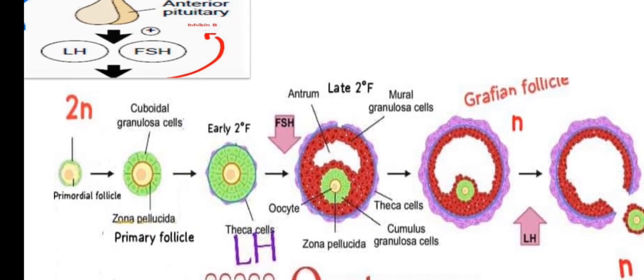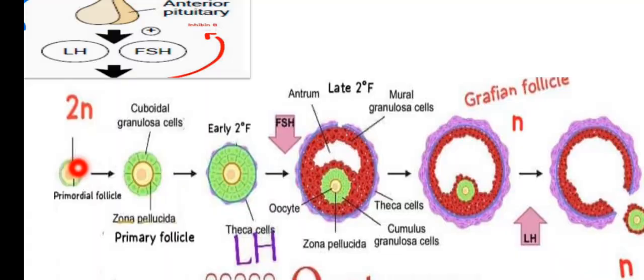Then about day 13 to 14 there's what we call the Graafian follicle or the mature follicle. This mature follicle now has a haploid number of chromosomes. It simply means that meiosis 1 is done. So meiosis 1 is completed during the ovarian cycle, because we said before puberty the primary oocytes, which we are now calling the primordial follicle, were at prophase 1 of meiosis 1 until puberty.